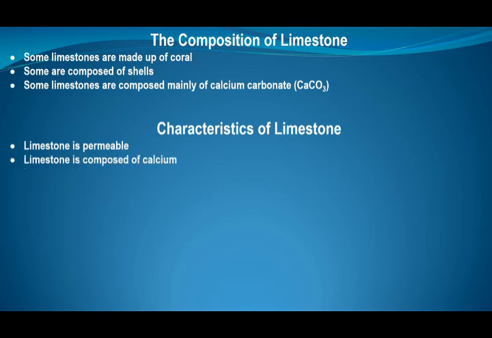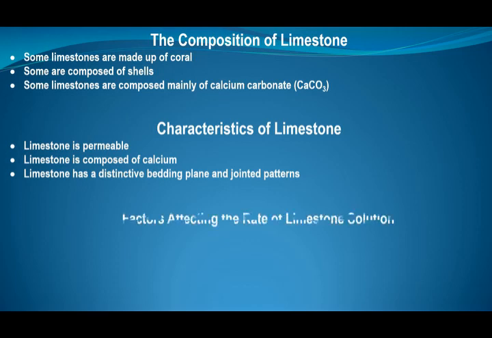Limestone is also composed of calcium. Yes, the mineral calcium is the chief mineral within limestone. It also has a distinctive bedding plane and jointed patterns, as we said earlier, making it permeable. In other words, allowing it to pass water through.